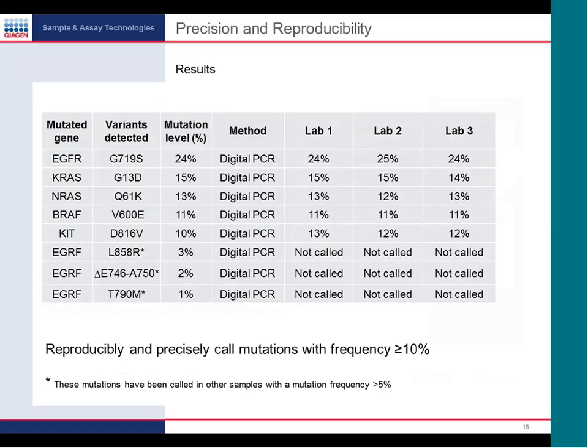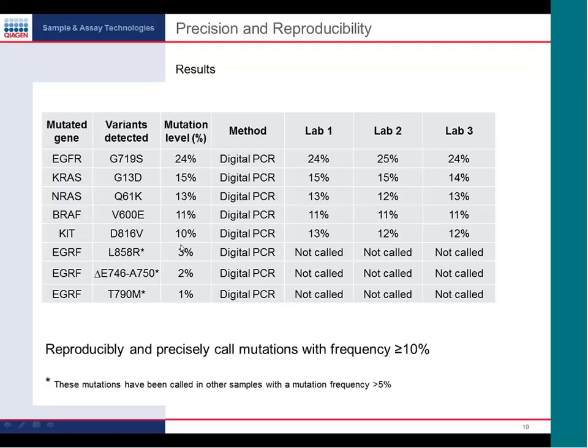As you can see, in triplicate, with the 3 different labs, and even with different lots, we are getting very reproducible results with very high precision, down to a limit of detection of about 10%.